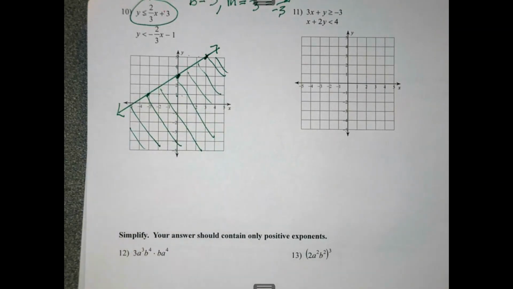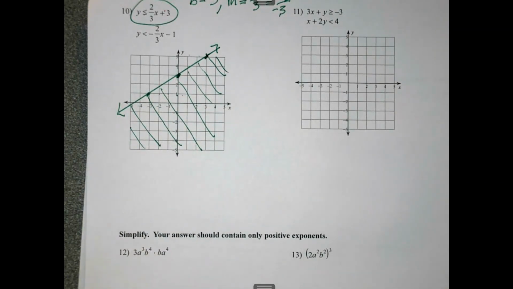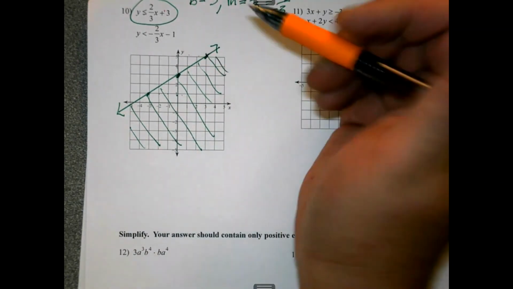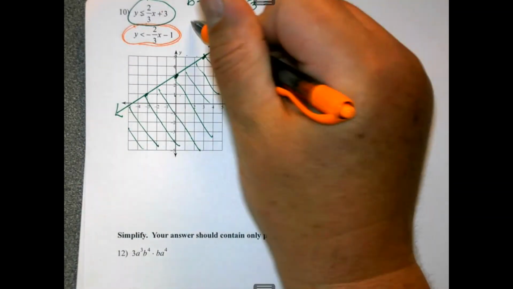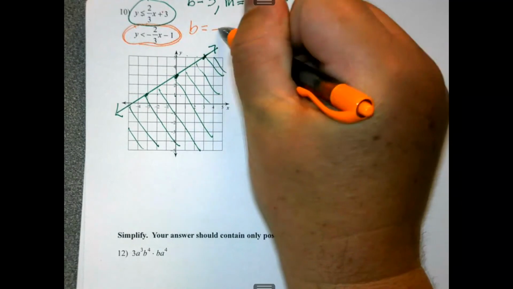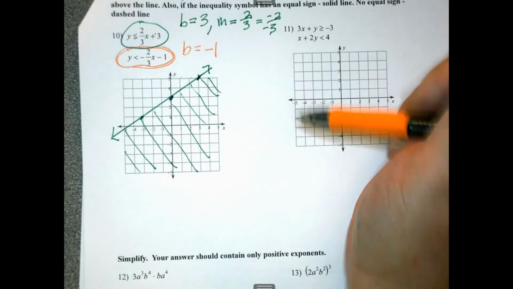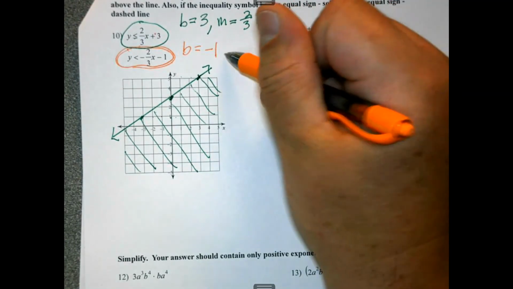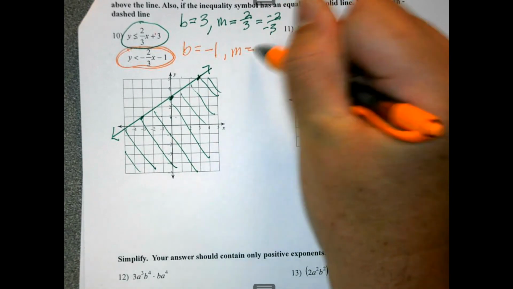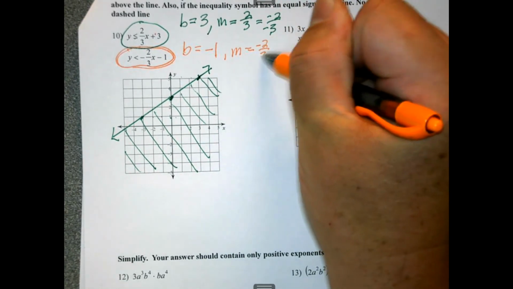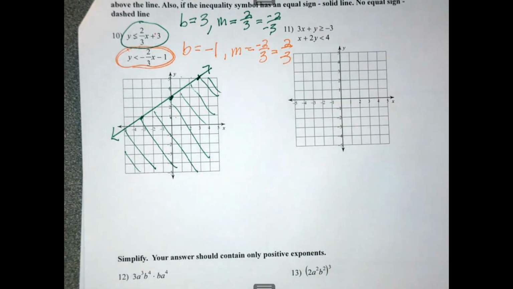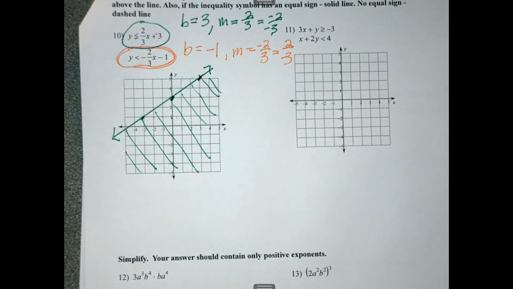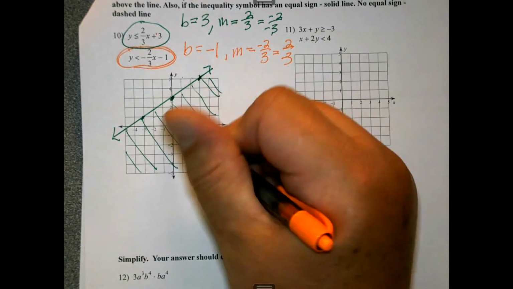Okay, the other line, let's see, I'll use orange. Hopefully it'll show up. Okay, my y-intercept, negative 1. My slope is negative 2 over 3 or 2 over negative 3. Okay, so I'm going to start at negative 1.